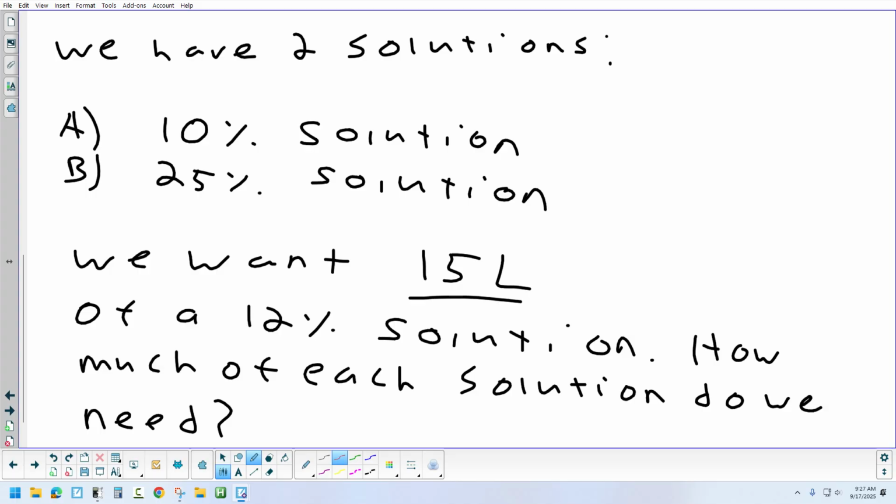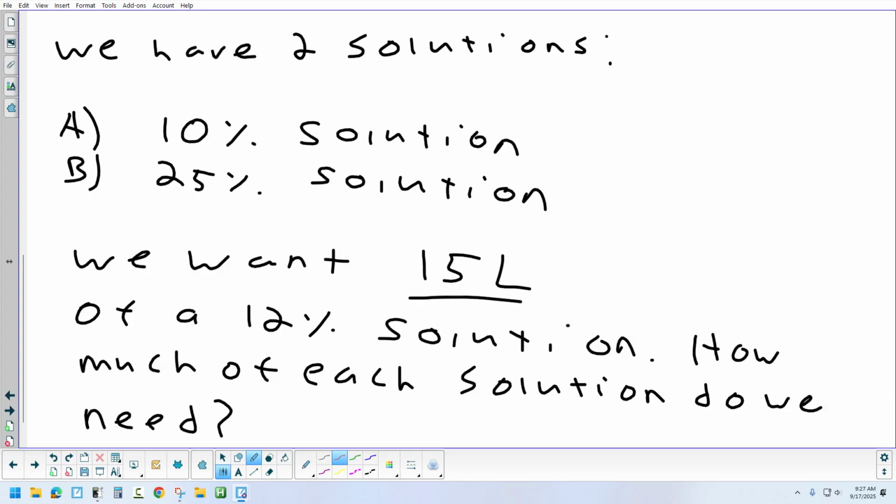Well, we've got two solutions, so we're going to have a certain amount of liters in one and a certain amount in the other. So we probably want to use something that will clearly identify which solution is which, so we don't look back and wonder, wait, was L the 10% or the 25%? What do you think we would use for the 10% solution? You could use volume 1 and volume 2. That would differentiate it.